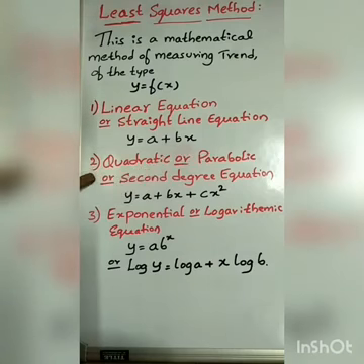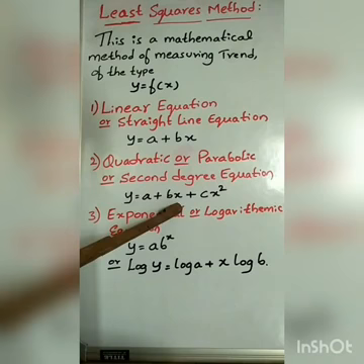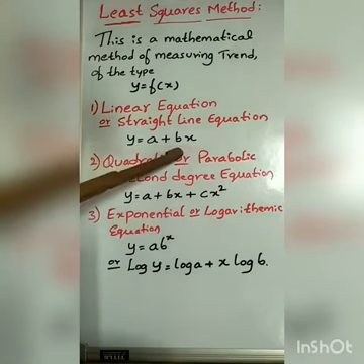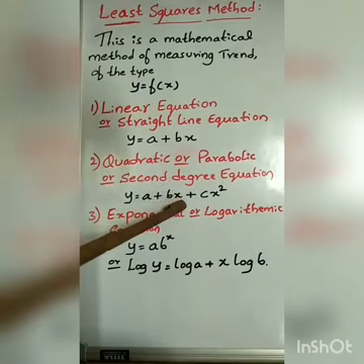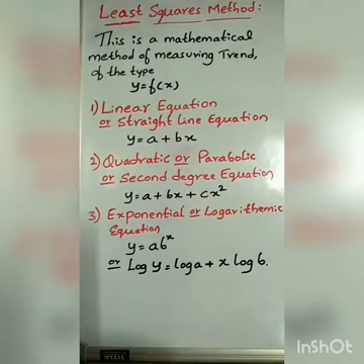Second type is quadratic, or it will be called as parabolic or second degree equation, which is of the kind y is equal to a plus bx. The same equation y is equal to a plus bx in straight line equation which we have seen is present here, a plus bx. In addition, here plus cx square.